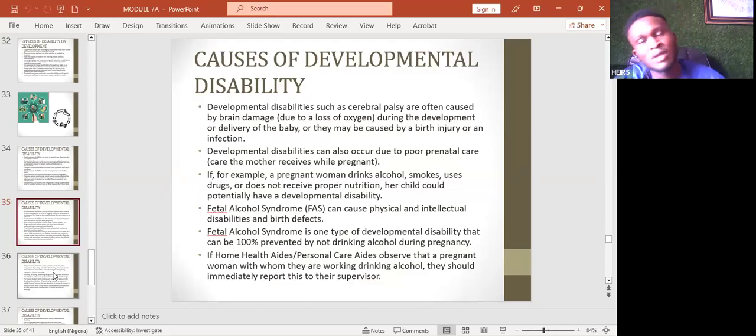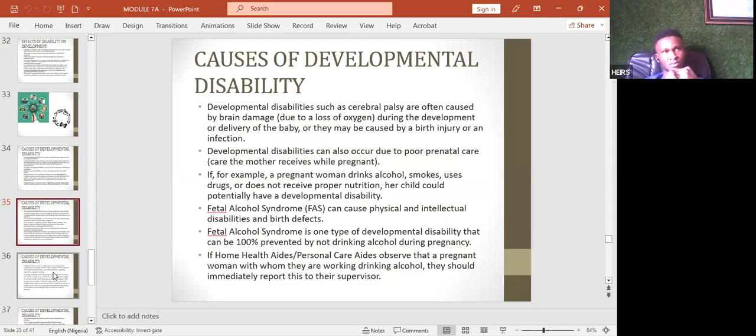If, for example, a pregnant woman drinks alcohol, smokes or uses drugs, or does not receive proper nutrition, her child could potentially have a developmental disability, like the condition called fetal alcohol syndrome (FAS), which can cause physical and intellectual disabilities and also birth defects, leading to what is generally called developmental disability.